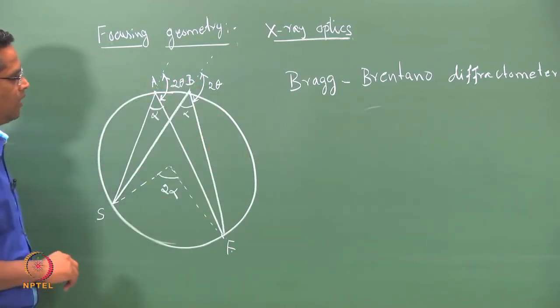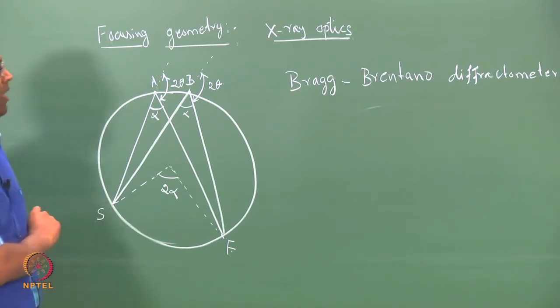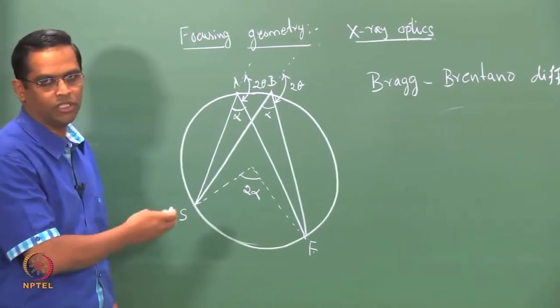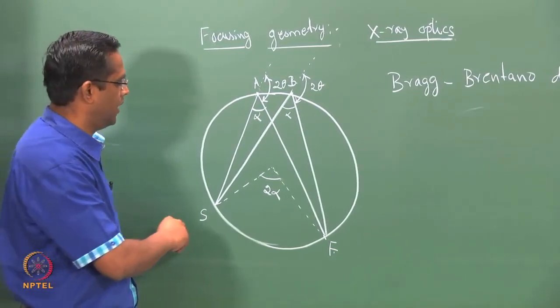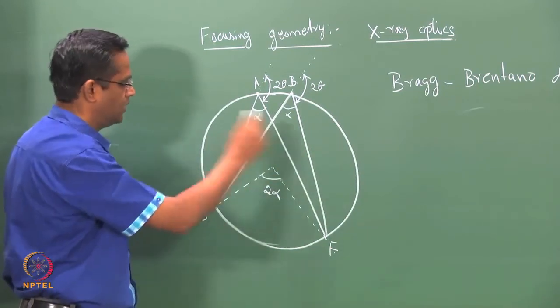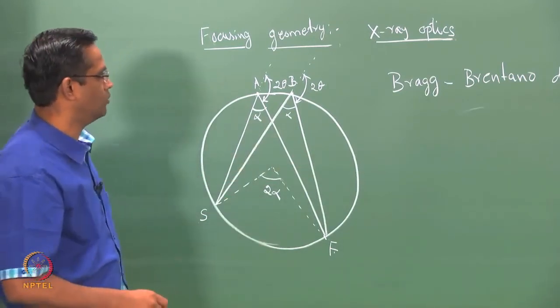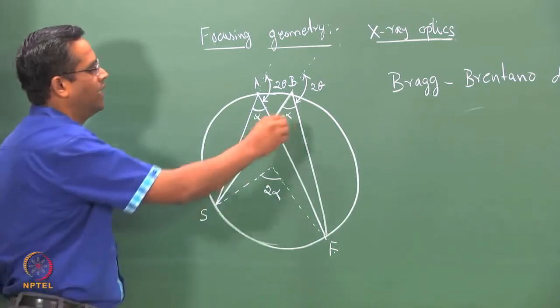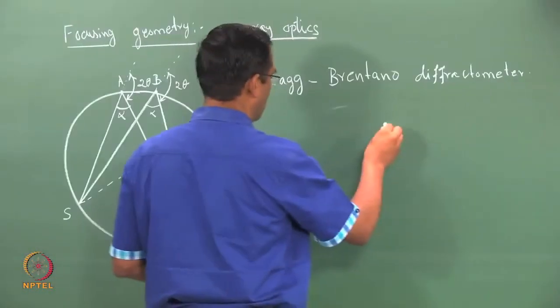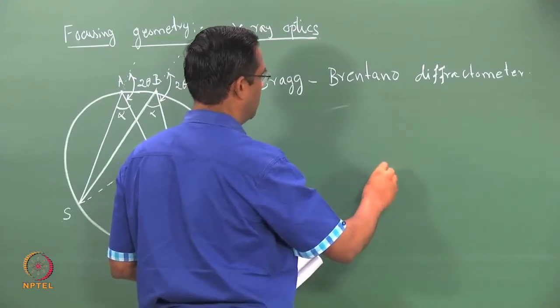And then I will draw one more schematic which will show the parafocusing of the goniometer as well as what the sample you are going to scan during various angles of 2 theta. So, I will draw two more figures, then I will get into the discussion.